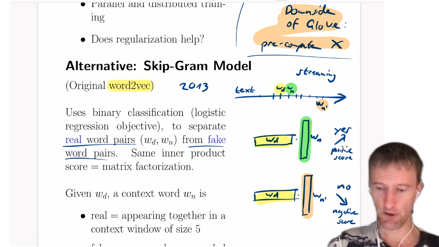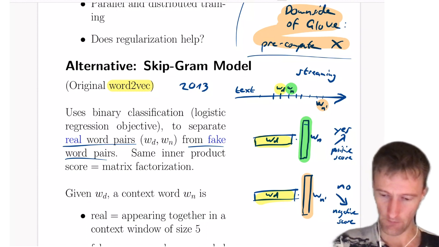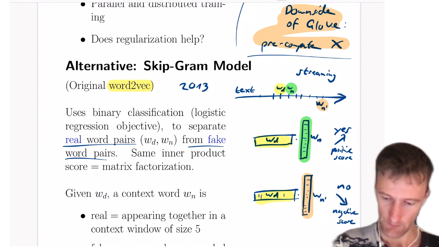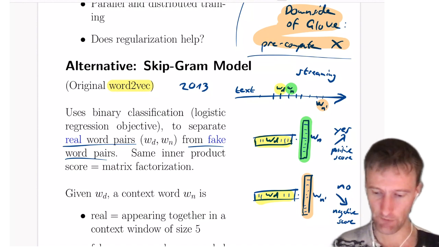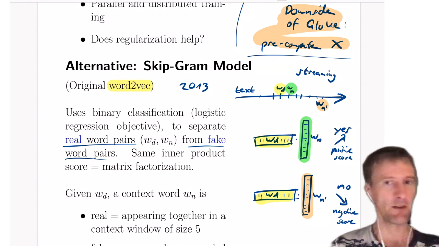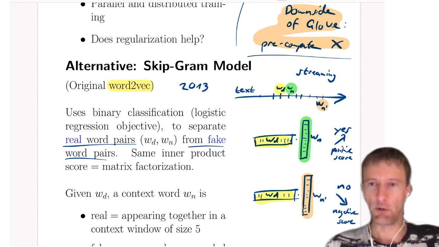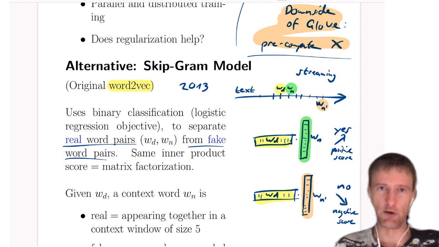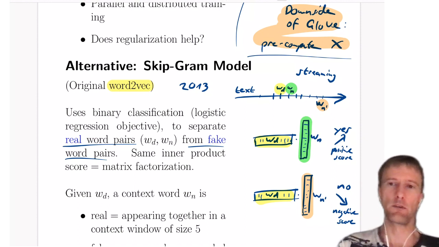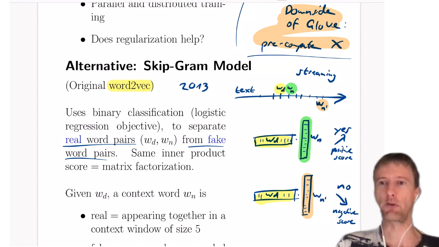Okay, so this is what we're trying to do. And what we did is we just took the easiest classifier you can get by just using the word vector itself as the classifier vector. So that's very interesting because there's no other model here, right? We can just say every word is its own classifier, and the job it has to do is to say if other words which appear together with it are actually real neighbors or not.